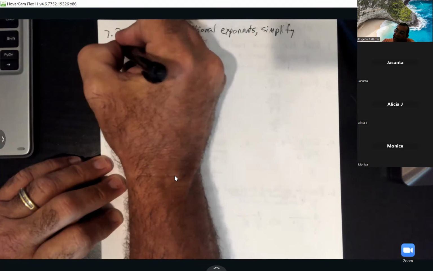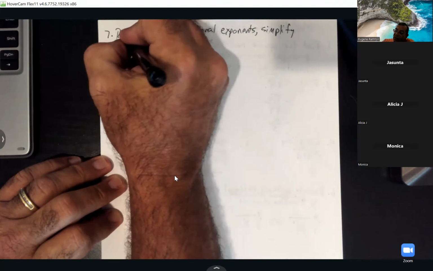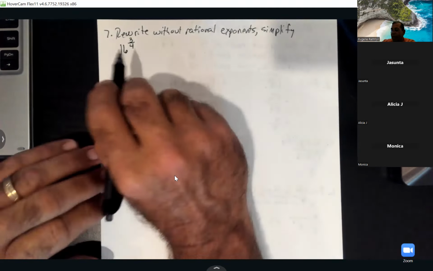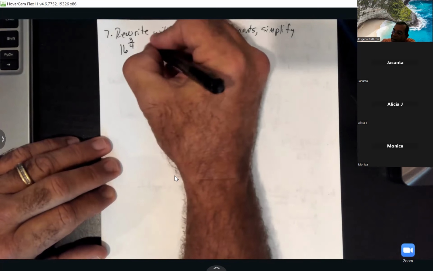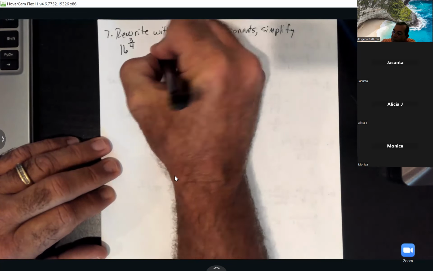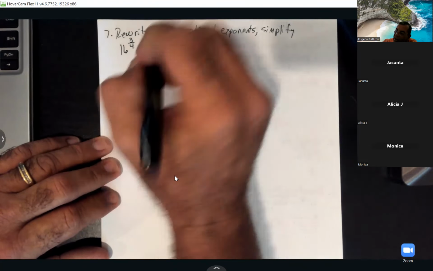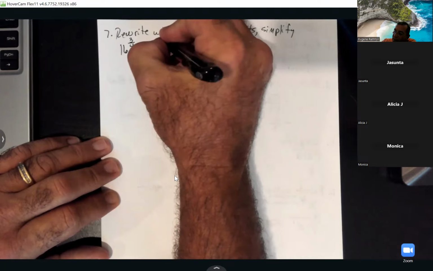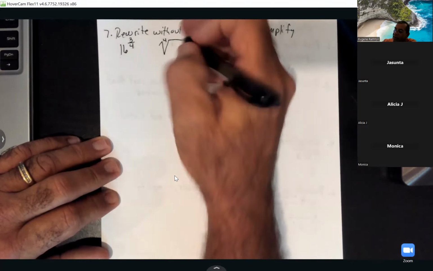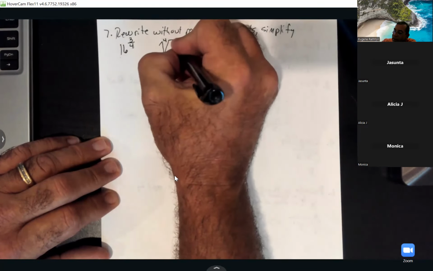So they're giving me 16 to the 3/4. So I'm going to show you another way to do this one. Same thing, I'm going to write it as a radical. The index of the radical will be the bottom number of the fraction, which is a 4. Then I'm going to put my 16 under here.